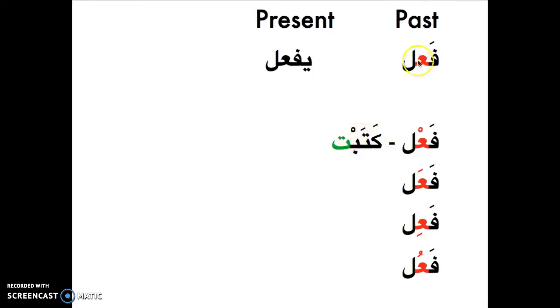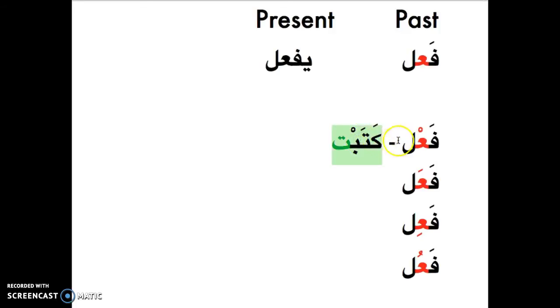the last letter, which would take the place of the lam, or the lam would take its place, is a sakin. It's not moving, it's stationary. So we cannot have the ain also be stationary, which would cause two stationary letters to be next to each other. And that just cannot happen.